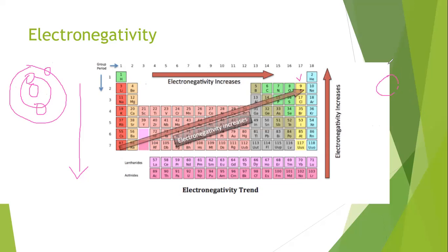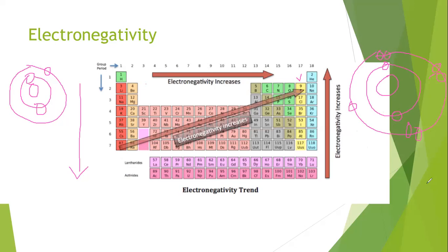having 2 shells, the first shell having 2 electrons and the second shell having 7 electrons: 1, 2, 3, 4, 5, 6, 7.